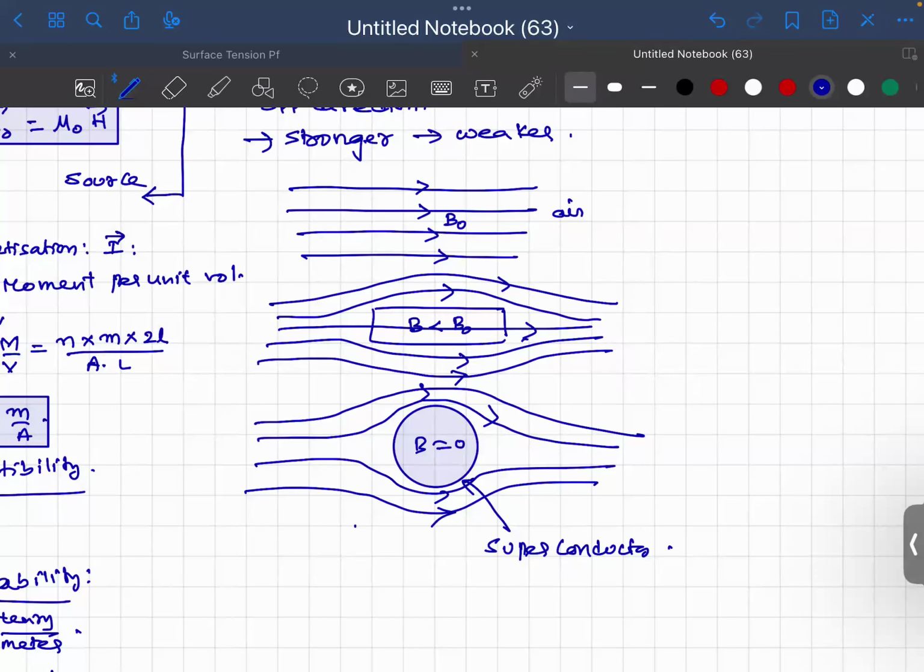See, it is a universal property. It is a universal property, so it is present in every material.